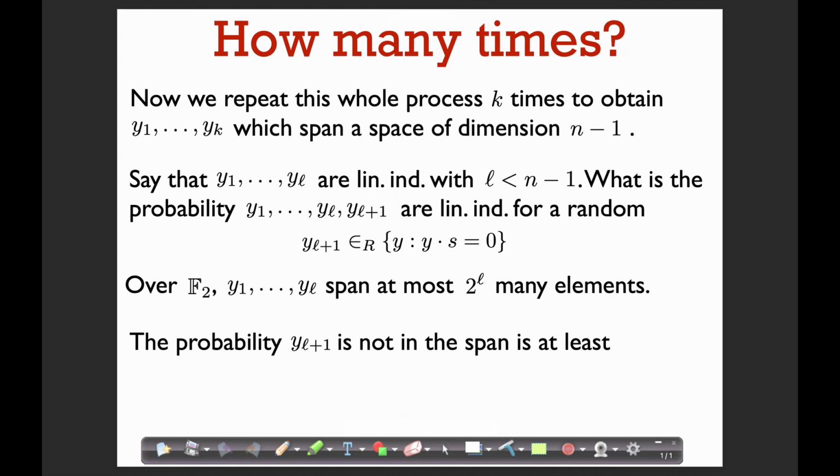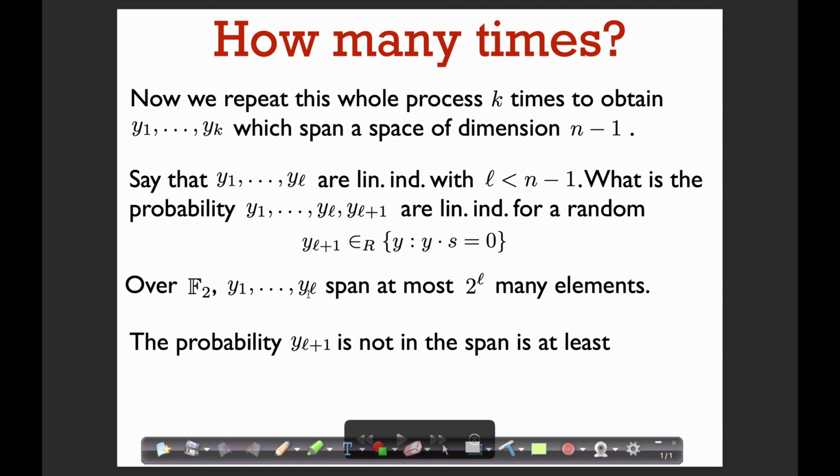Again, the argument is similar to what we just said. It's important that we're working over F2 and not the reals. Over F2, y1 through yl span at most 2 to the l many elements, because that is all the combinations of scalar multiples for l many elements.